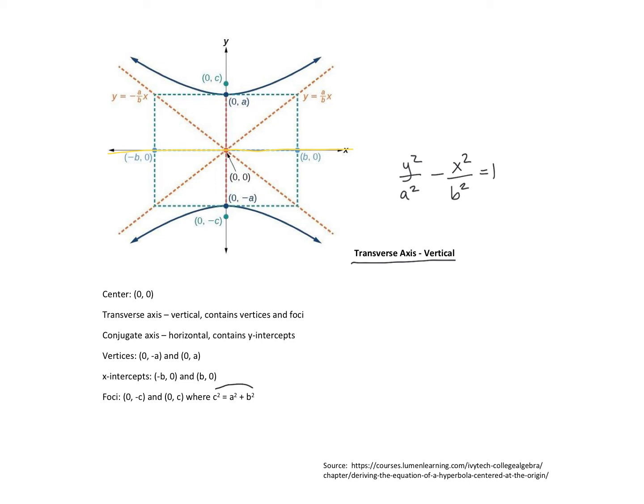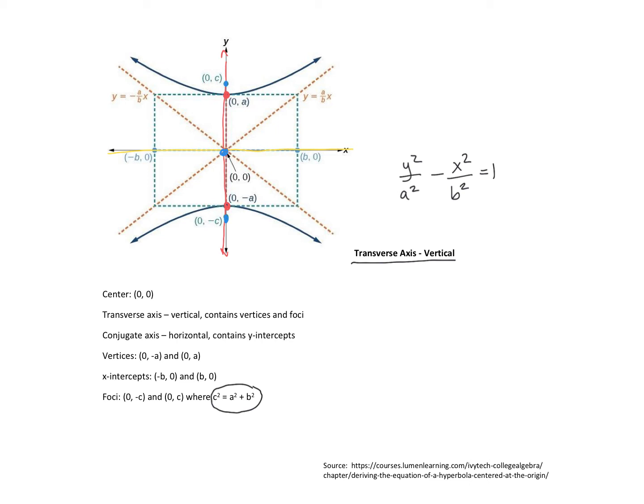And we still find our foci, c squared, the exact same way. But remember that that's going to be on our transverse axis, which is this axis here. So our two vertices and our two foci are going to be on that transverse axis. And again, this is through the center. Our center of this is 0, 0.